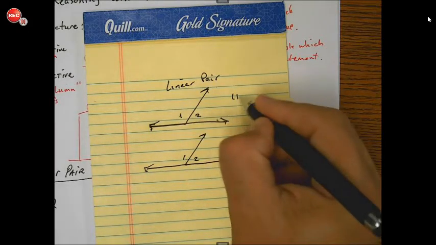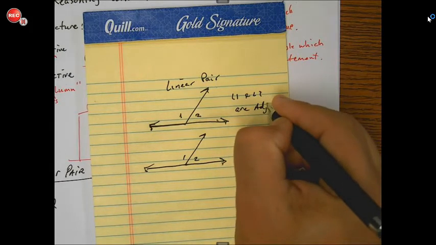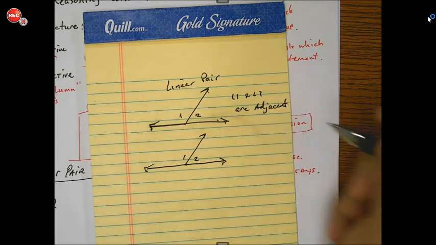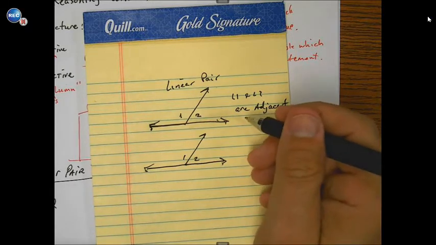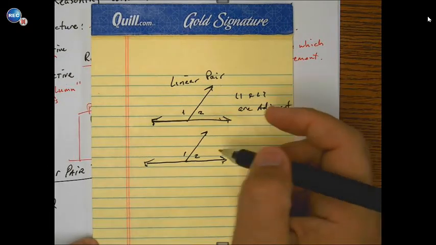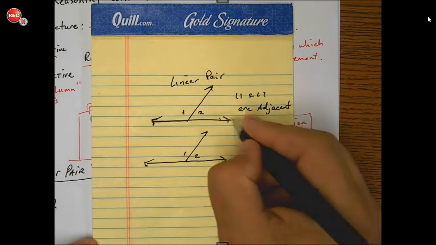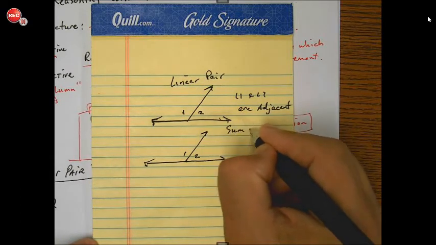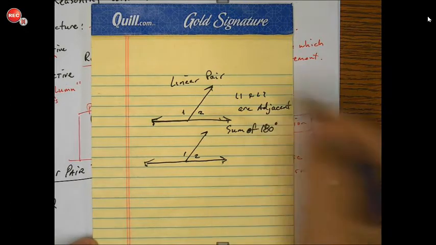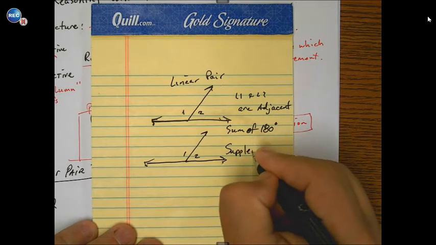And angle 1 and angle 2 are adjacent. They are next to each other. They're not opposite of each other. Could be similar to your neighbor in your neighborhood, like the Botkins and the Bennetts are adjacent or next to each other. Okay, and so we know that they add up to be the sum of 180 degrees because it makes a straight line. Okay, so then they're called supplementary.